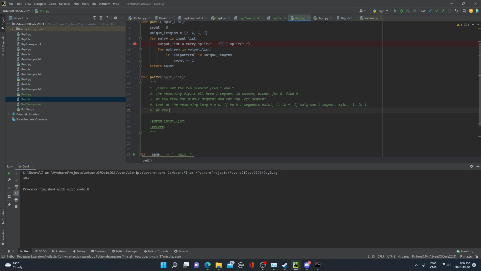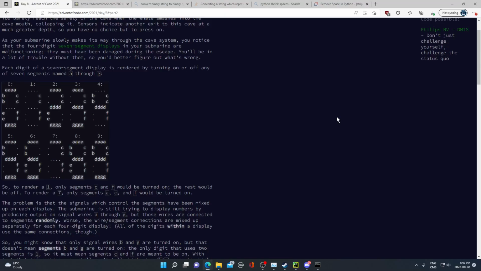But I feel like knowing the segment actually doesn't help. Left segment, top left segment, top right segment. So we're missing 2, 3, and 5.